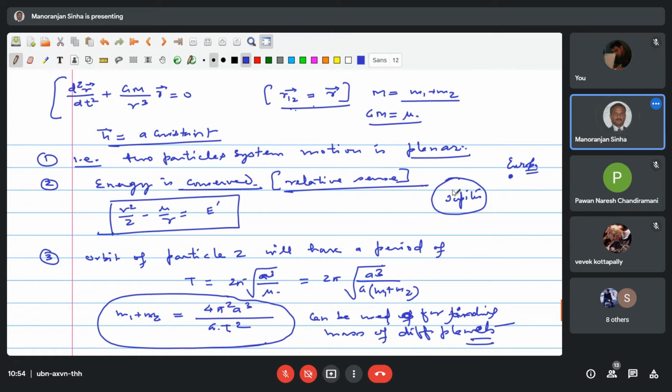We know the period of Jupiter around the Sun. So take one case for this, with M1 as M Jupiter and M2 as M Europa.